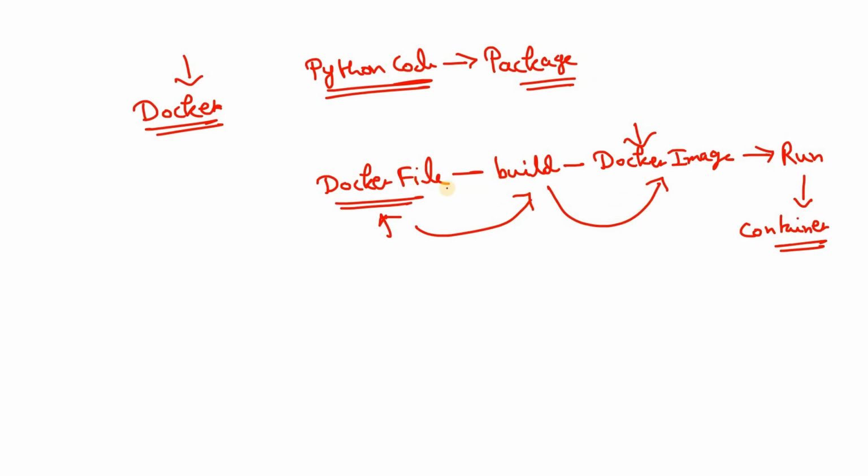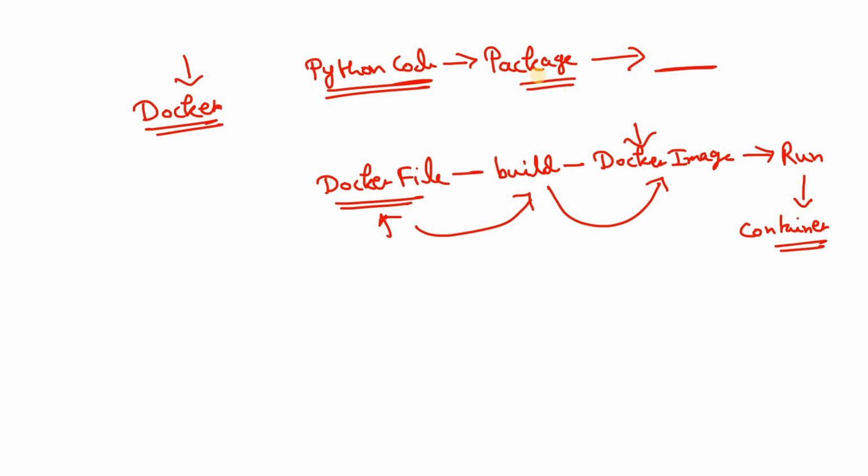Similarly, once all the Dockerfile installations are completed, it creates a Docker image, a lightweight standalone executable package, just like a Python package. And like we pip install a Python package and then use it, we have to run the Docker image to start the container, an isolated environment where our application will be running. So this is the simple workflow to build any Docker container.